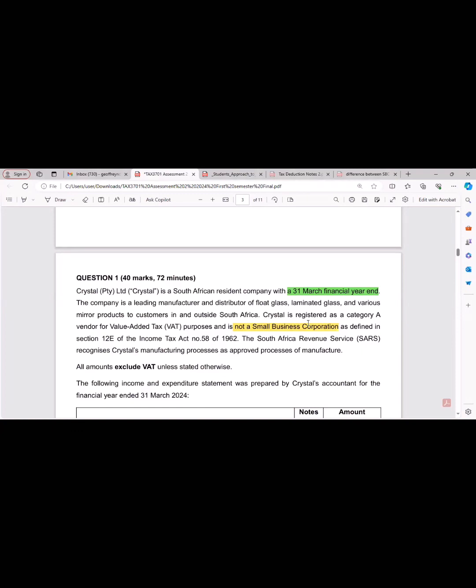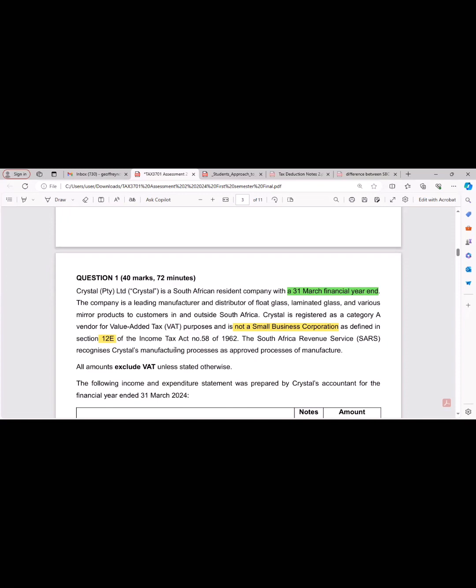So as a tax student, if a question says it is a small business, you should know how SARS treats the same transactions faced by a big business. Small businesses are governed by section 12E. If you see section 12E, that means it's a small business. But this one is not a small business.